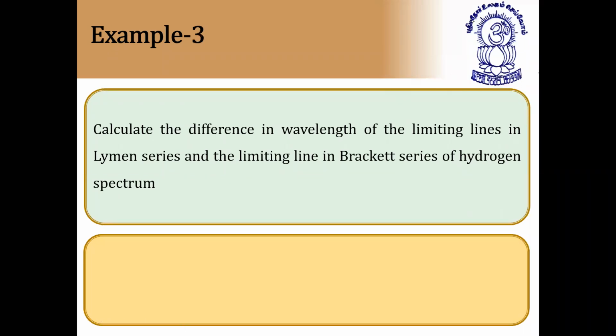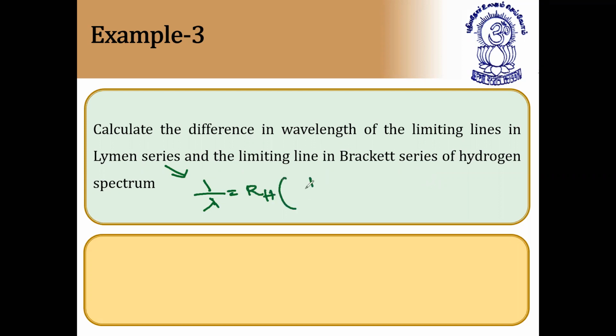Calculate the difference in the wavelength of limiting lines in Lyman series and the limiting line in Brackett series of hydrogen spectrum. It's a very simple question. So difference in the wavelength. First we'll find the wavelength of Lyman series. So 1 by lambda is equal to, for Lyman, RH into 1 by 1 square, because n1 value is equal to 1, minus 1 by infinity square, that is limiting line.